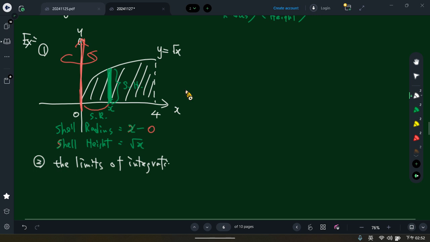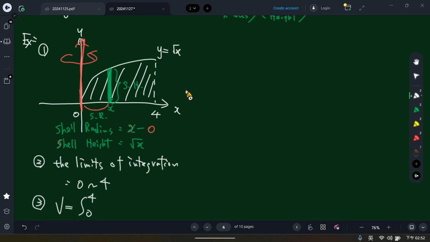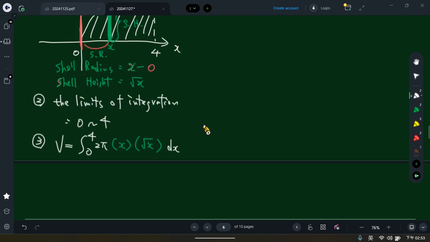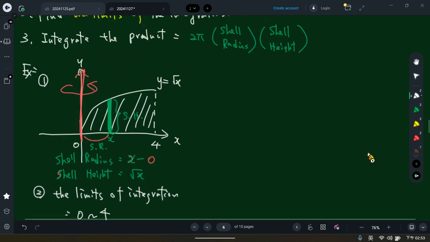In this case, it's simple. It will be 0 to 4. Then we just put them together, we can get V is equal to this one: 2 pi shear radius shear height dx. Then the answer is easy. It will be this one. So again, I just skip the detailed calculation.